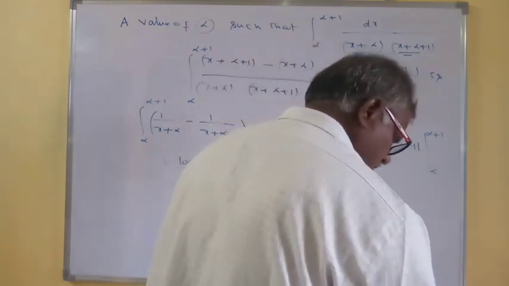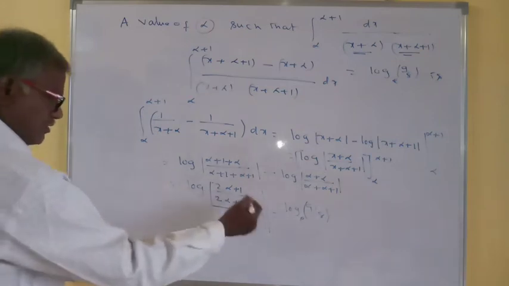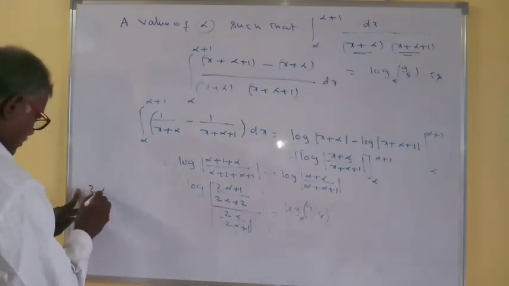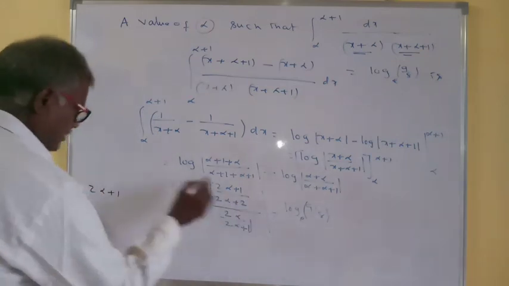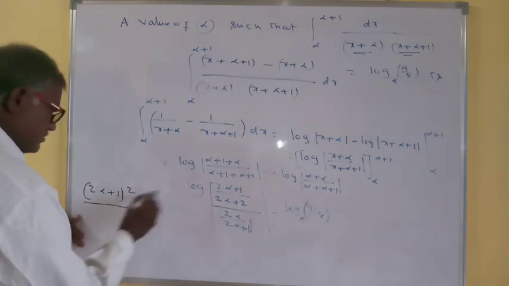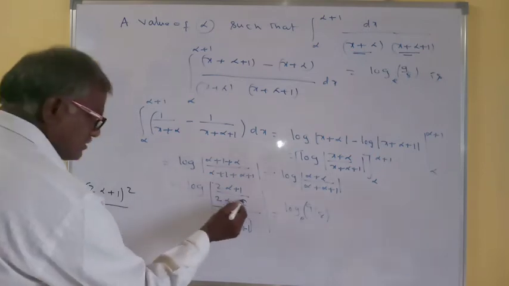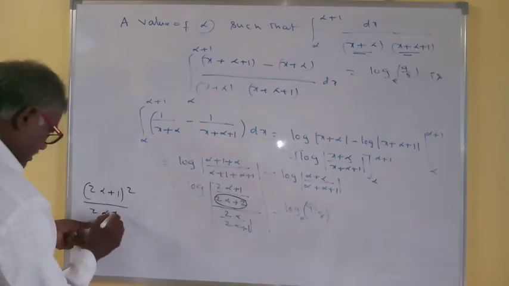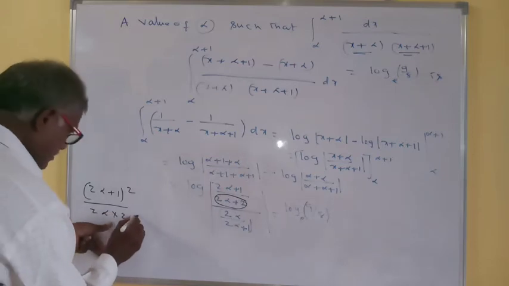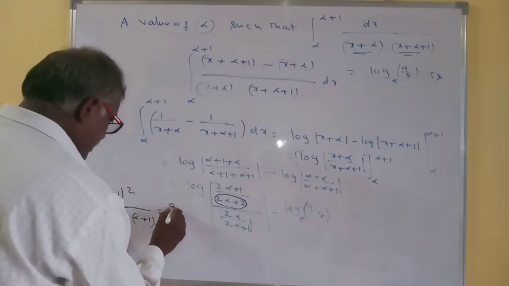What will we get? Remove log, what will we get? 2 alpha plus 1, again 2 alpha plus 1, that means 2 alpha whole square, 2 alpha plus 1 whole square, into again 2 alpha. In these two, take 2 as common. What will we get? Alpha plus 1 is equal to 9 by 8.